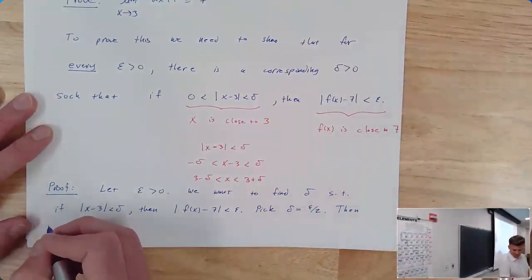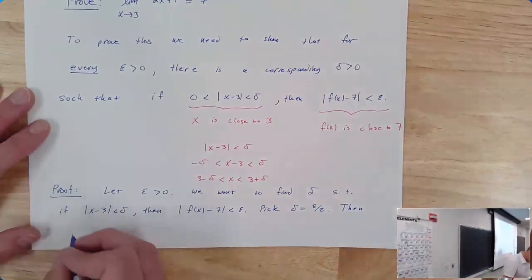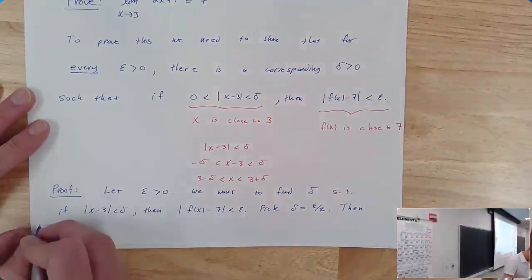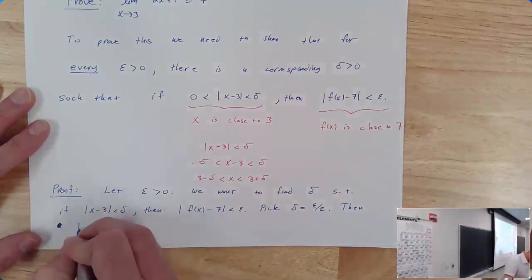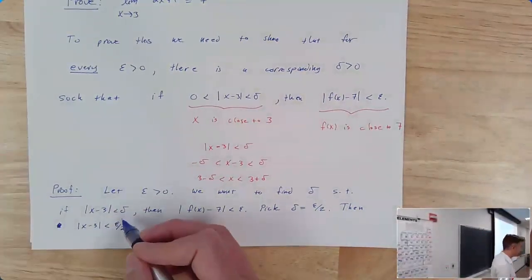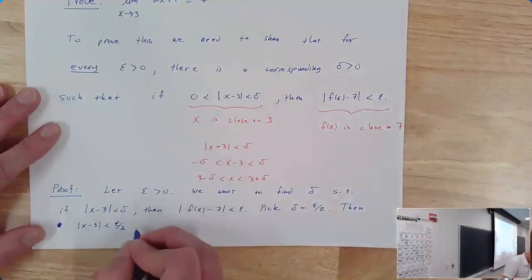Then the absolute value of x minus 3 is less than epsilon over 2, because we're replacing delta with epsilon over 2. We picked it, we did the work, and that leads to the following.